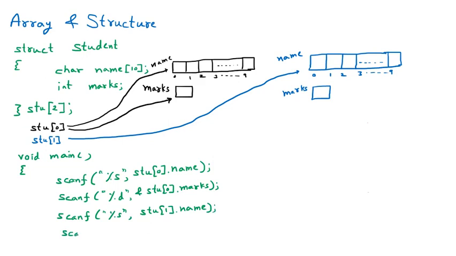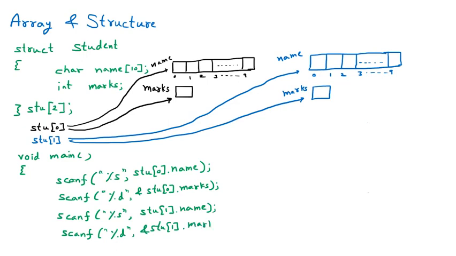Similarly, we can say scanf %d for the integer value, address of stu1 dot marks. So here we are writing stu1 dot marks.